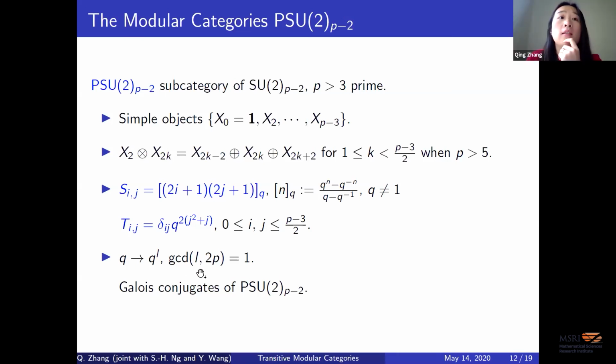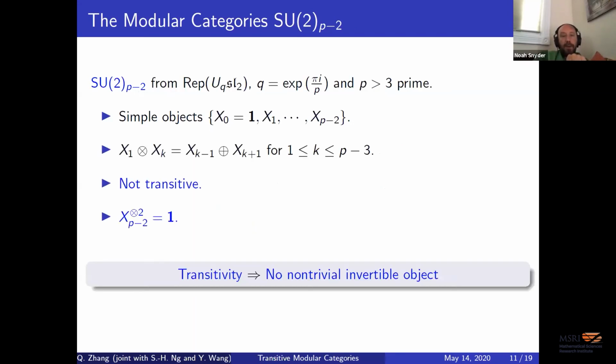You obtain them by changing the root here, and they are all inequivalent as modular categories. So level one is the one where you choose the root of unity to be e to the 2 pi i over whatever that number is, right?